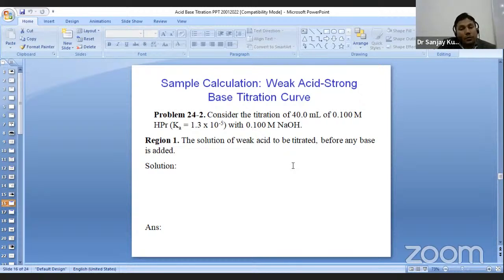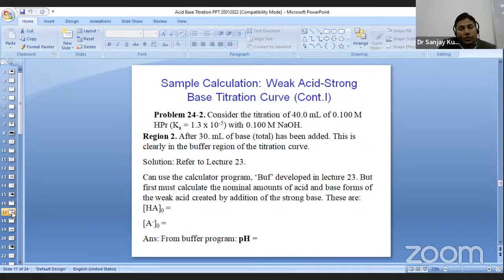We prepared 0.1 molar NaOH solution as well as 0.1 molar acetic acid solution. Here, the solution of weak acid is to be titrated before any base is added.